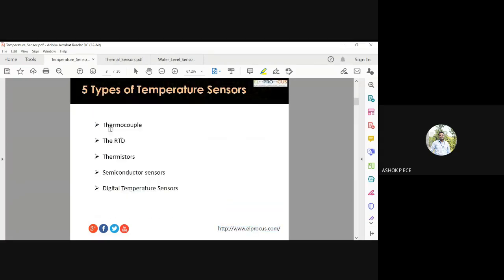See here: the thermocouple temperature sensor, the RTD, which is a resistance temperature dependent device, the thermistor, which is controlled by resistance, semiconductor sensors, and digital temperature sensors. These are the different types of temperature sensors available in the market. First we'll see about the thermocouple.